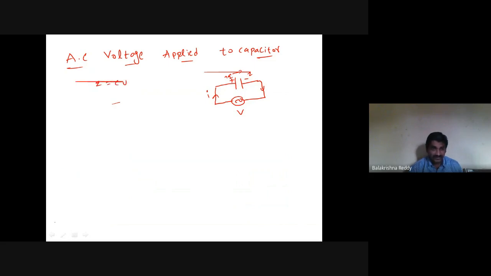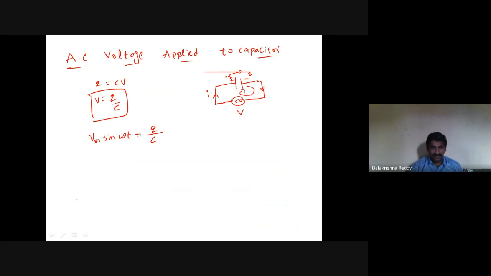If you write in terms of voltage, with V as the subject, V equal to Q by C. From Kirchhoff's law, applying across the total closed circuit, the supply from the AC is the maximum voltage Vm sine omega t, and that is equal to the voltage developed on the capacitor, Q by C.